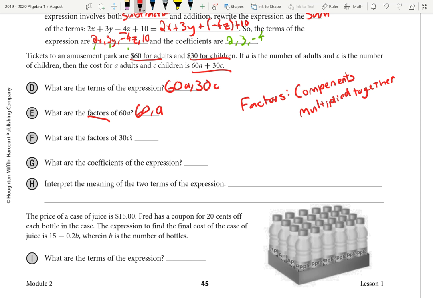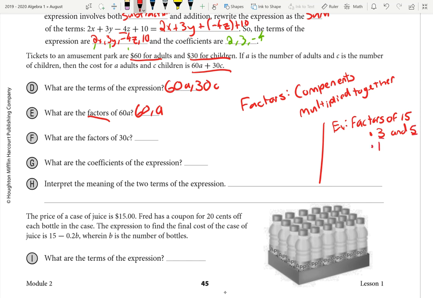Now there's a lot more to it than that, but that's what we're going to go with for that example. But just to give you a little bit more of a rundown on factors, if I asked you for factors of 15, right, then I'm asking you for components that are multiplied together to make 15. So for example, factors of 15 would be 3 and 5, because 3 and 5 multiplied together make 15.